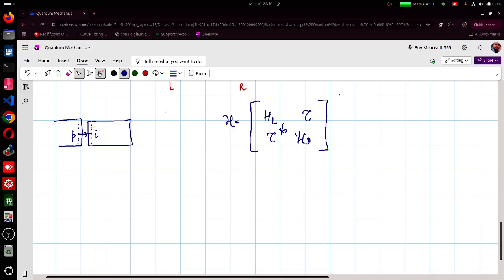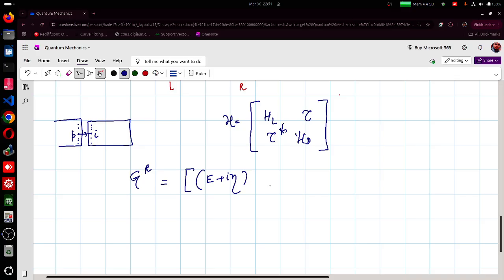How will you solve the Green's function? You will just write the retarded Green's function following the definition, that it would be nothing but the inverse of E plus iota eta. Now why is iota eta applied here? To make the integral of the Green's function convergent, we introduce this infinitesimal positive number eta.